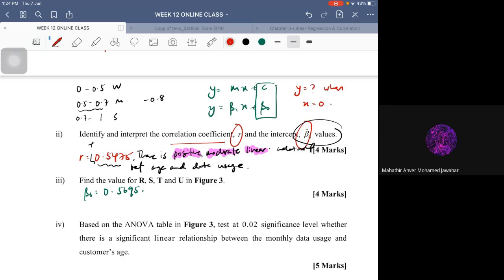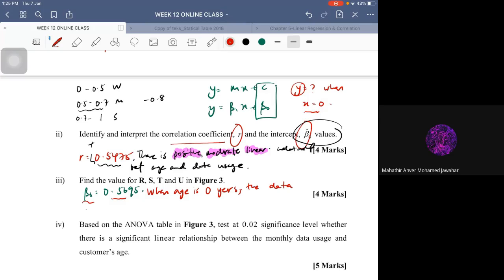So this is what you should include in your interpretation. When you want to interpret beta naught, it's the value of y when x is equal to 0. So what is x equals 0 for this case? X represents the age. So you say when age is 0 years, y is going to equal this particular value. But what is y? Y is the data usage.